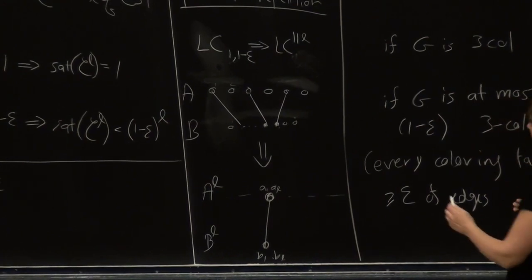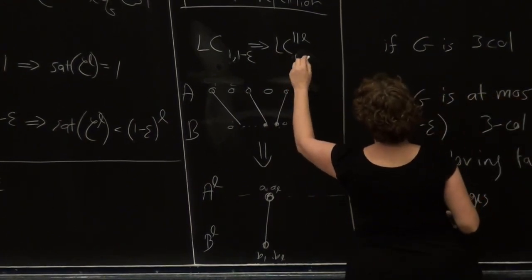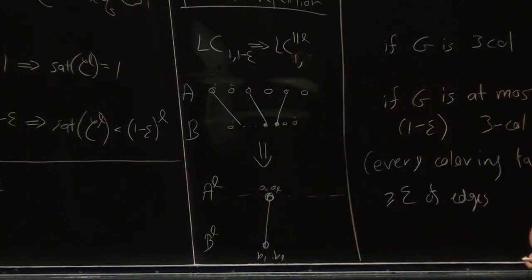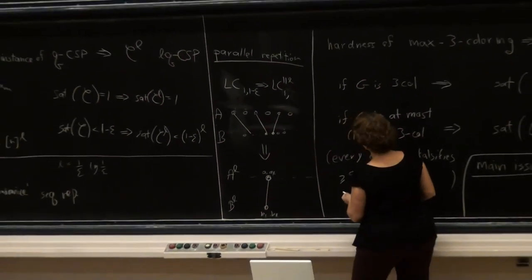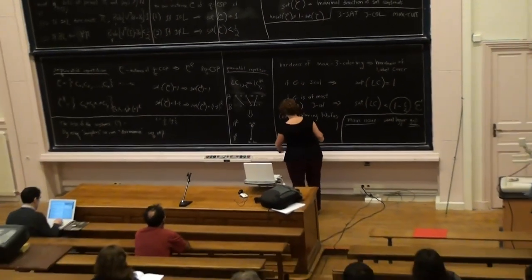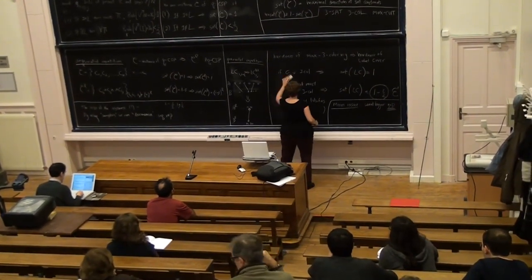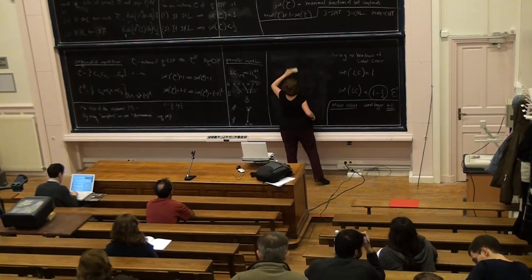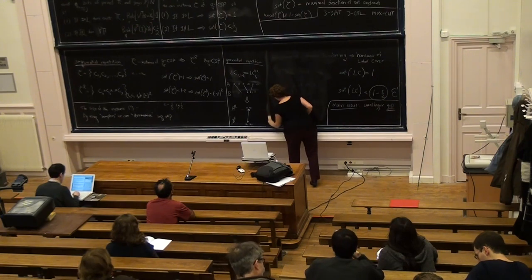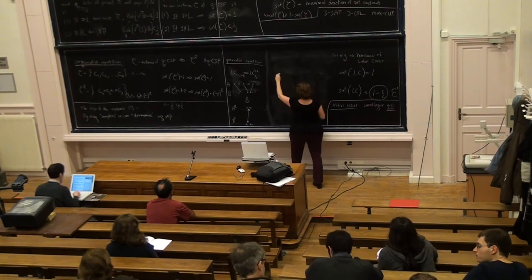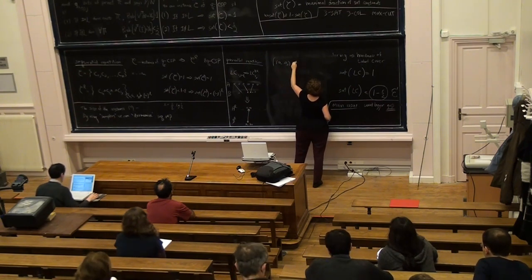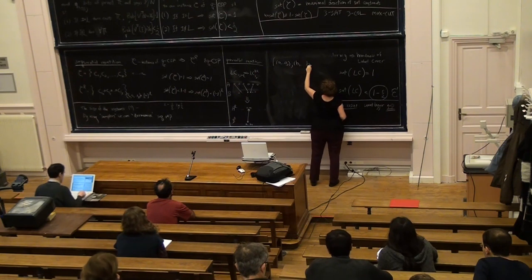And what does the theorem say? Wait, I'm sorry. You put an edge between two L tuples if you have an edge above between all the individual elements? Yeah, if I write this edge, I really should have left more space. Let me erase this. I put an edge between A1 up to AL and B1 up to BL.